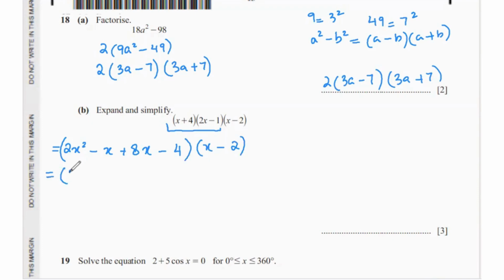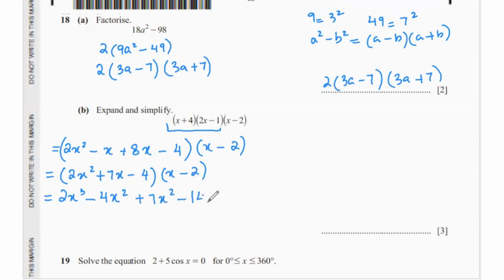Simplify the first bracket. So 2x squared plus 7x minus 4. Now we multiply the third bracket with this one. So it's going to be 2x cubed minus 4x squared plus 7x squared minus 14x minus 4x minus 8.